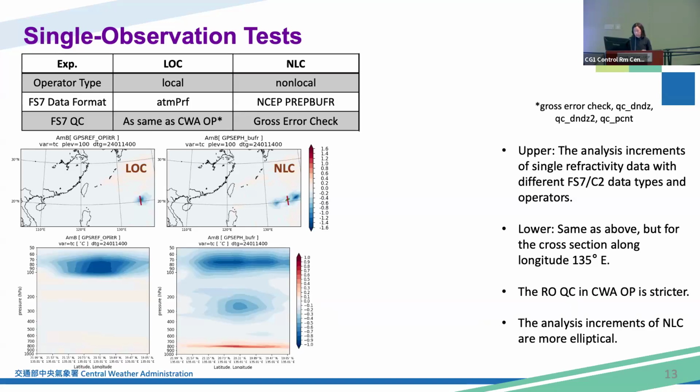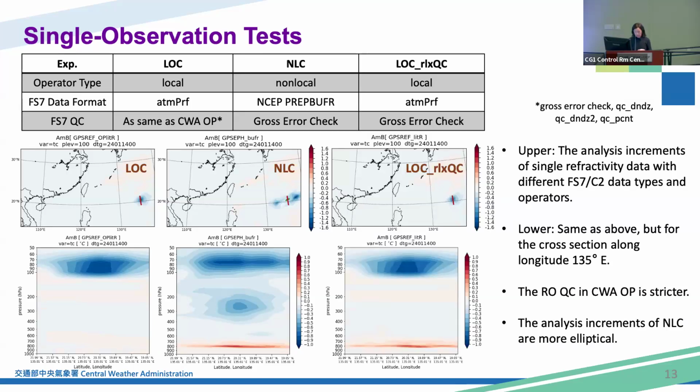We can see the increment in the local run is more symmetric, and the non-local increment shows a more elliptical shape, which is typical because it considers the horizontal gradient effects. So this shape is very different from the local one.